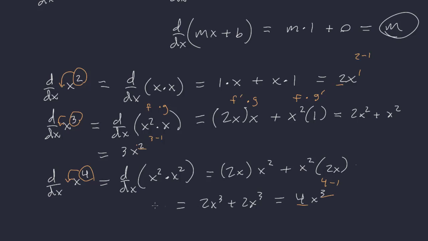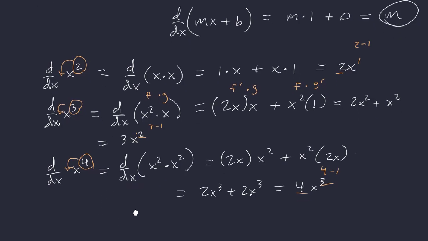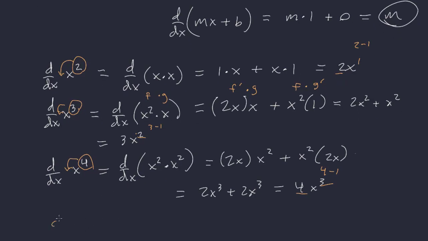Right? We've already done x to the 5th. We did that with the limit definition, so I won't do that again, but I will write that the derivative of x to the 5th is 5x to the 4th. Okay, and from this pattern, I can make the claim that the derivative of x to the 6th will be 6x to the 5th. And it is.